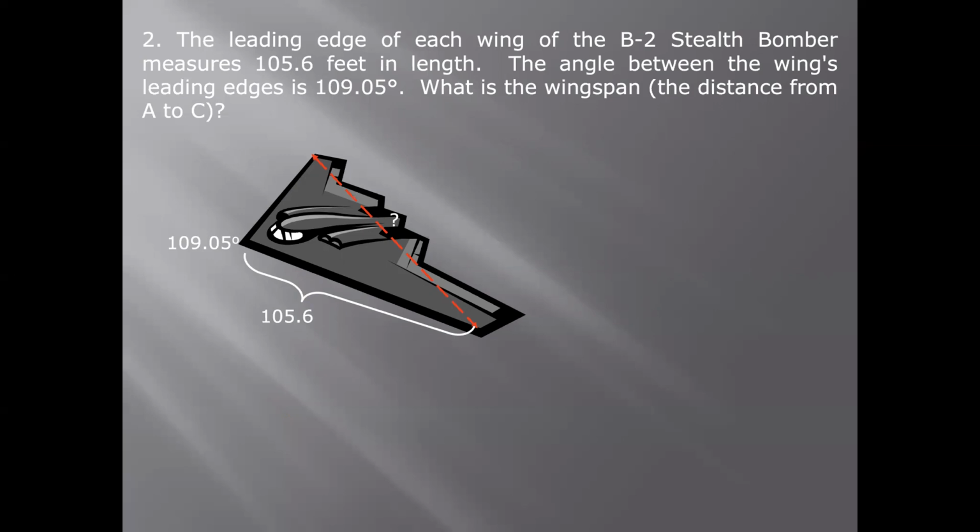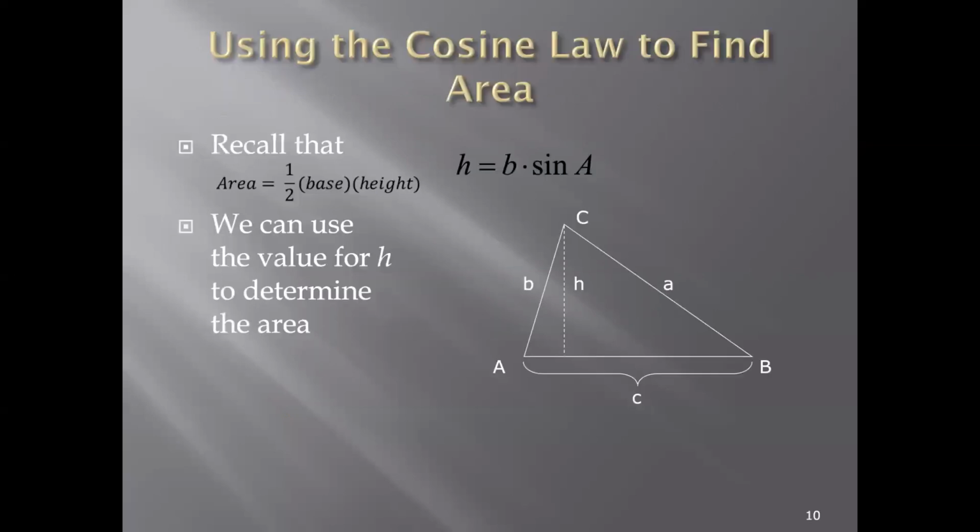Another application of the law of cosine is finding the area of a triangle. Remember, the general formula in finding the area of any triangle is 1 half times the base times the height, wherein the base is the horizontal distance of a triangle.